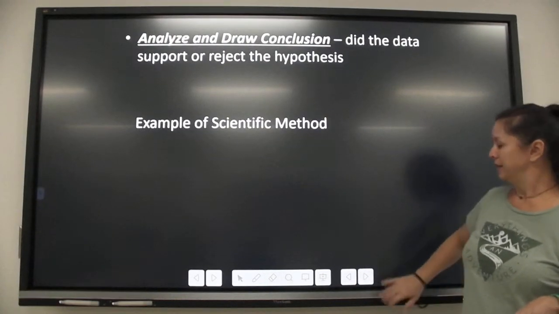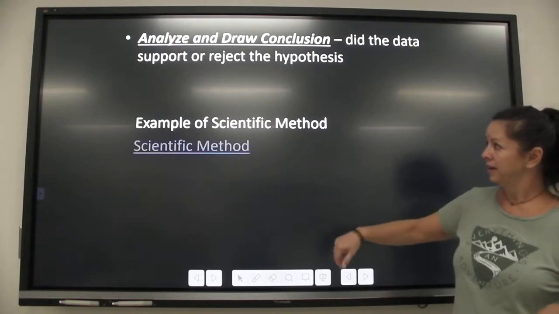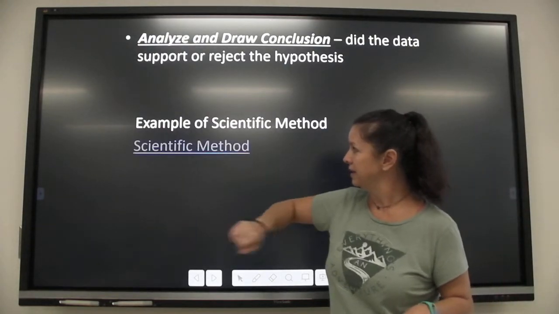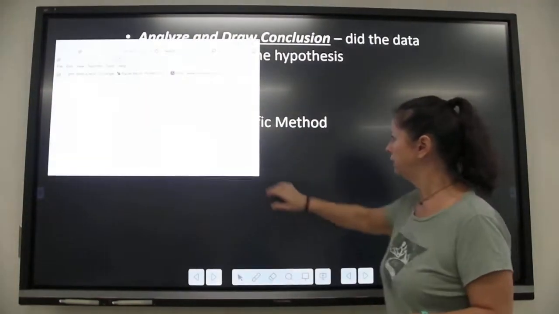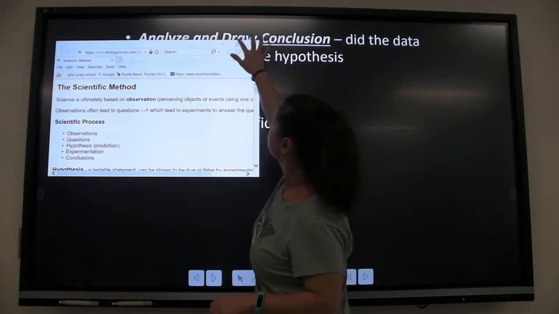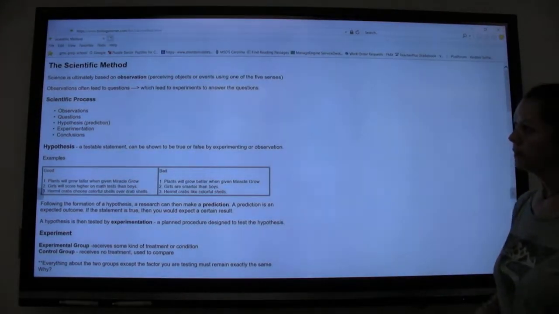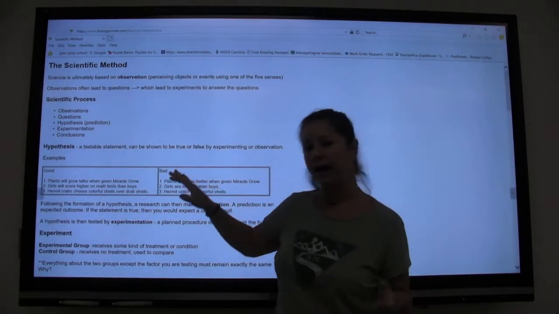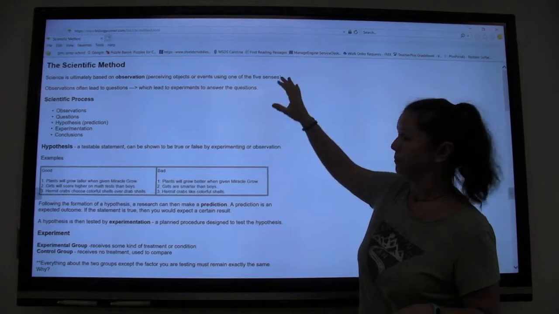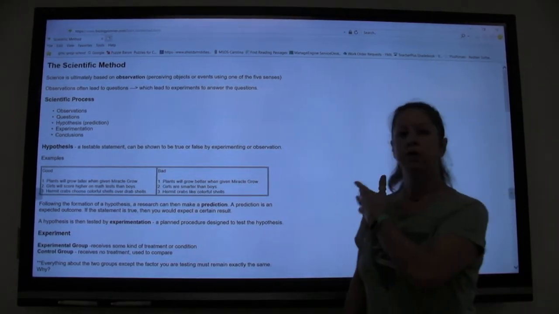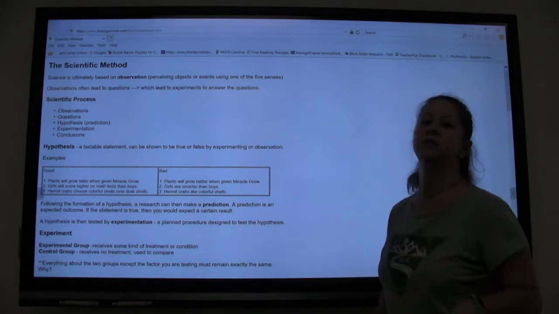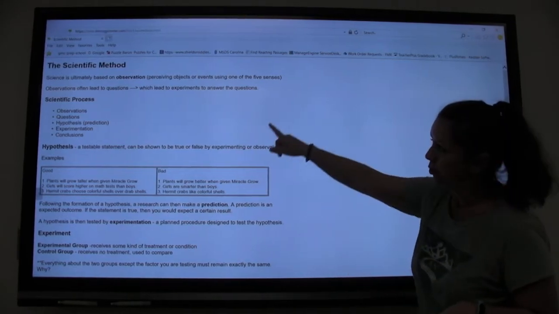An example of the scientific method can be found at this site. This just gives you some ideas about how it works in person. If you go to my PowerPoint on your portal, you can click on this site and open it up on your own computer, and you can work your way through these.